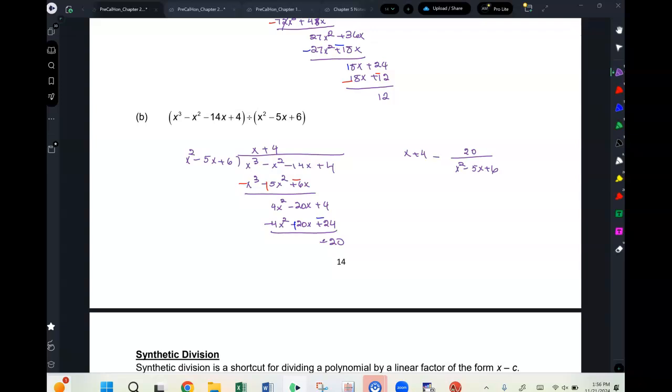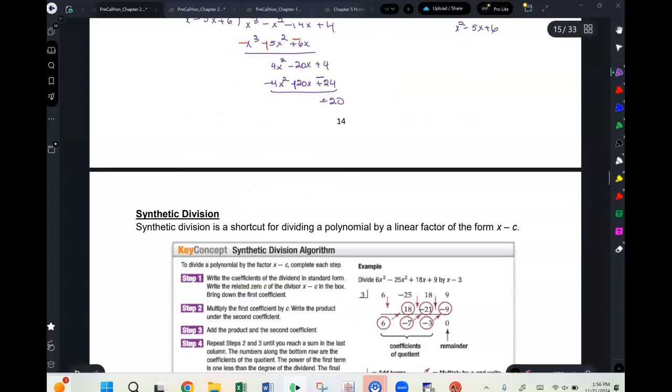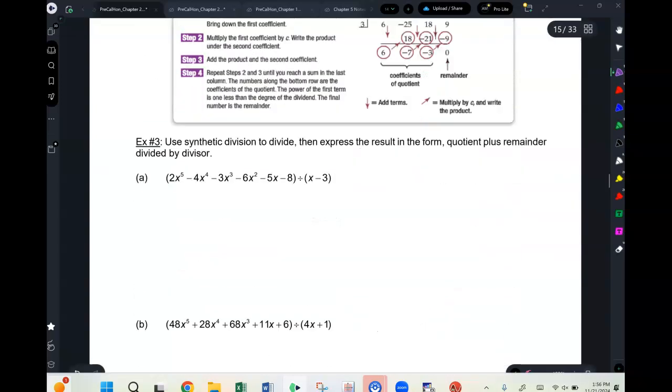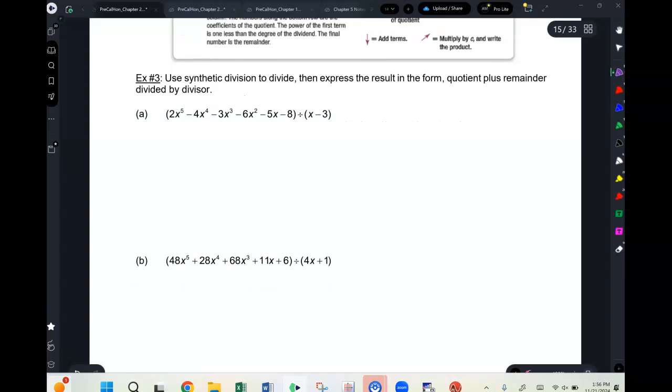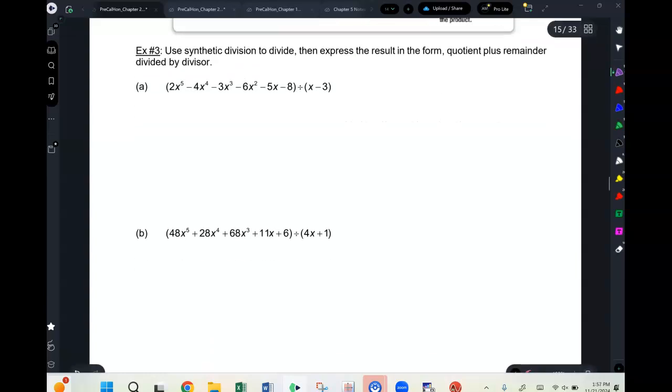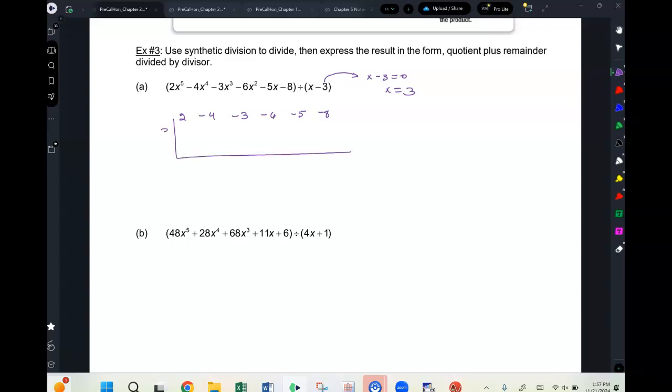Okay, synthetic division, right? Synthetic division is a shortcut. Same thing. You wanna make sure all the numbers are there, all the exponents are there. So like this one, 5, 4, 3, 2, 1, 0. So here I just write the coefficients, and then I take this one, set it equal to 0, 3.